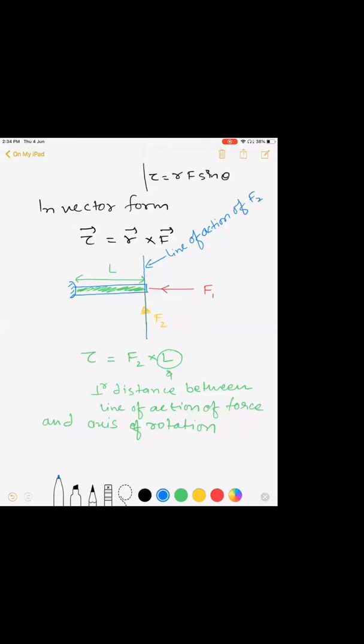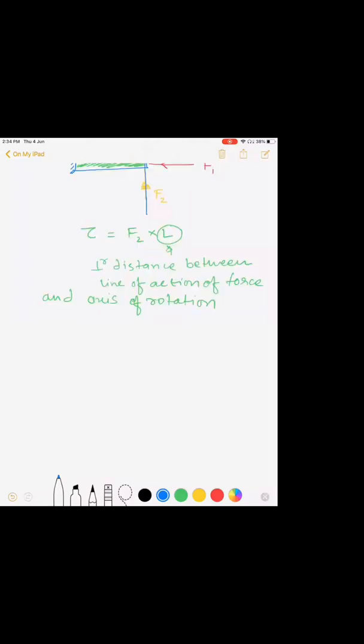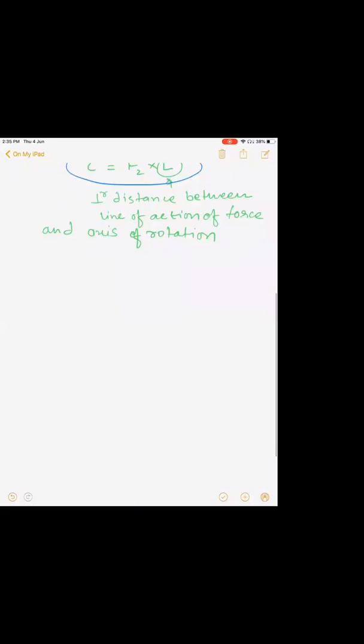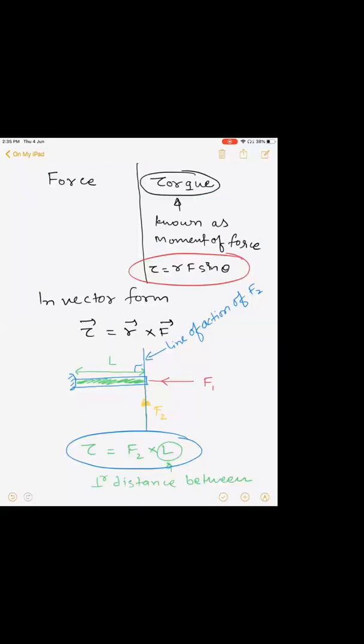And L is making an angle of 90 degrees with it, right? That's why while writing torque, we take the perpendicular distance. Now you will say, sir, you just told us the formula is rF sine theta. So from where did we get this sine theta? Where theta is the angle between force and the position vector.